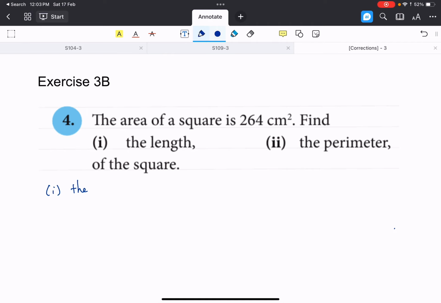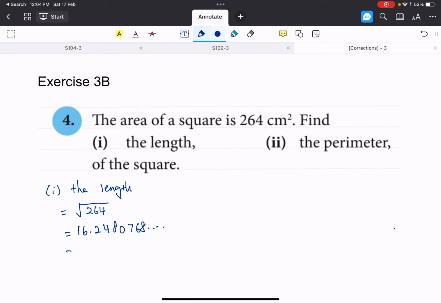So first, the length will be equal to the square root of 264. And when we take our calculator, 264, and square root that, we will have 16.24807 68, etc., a long string of non-terminating decimal.